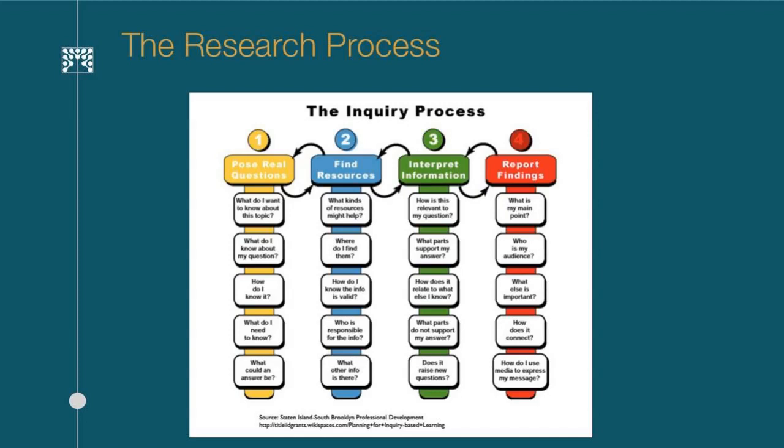The second thing is that successful research is a highly reflective process. So one thing I love about this diagram is that it shows that we move fluidly between the different steps, and that it also includes lots of great reflection questions that we can, as teachers, ask our students along the way. So totally use this diagram and use those reflection questions.